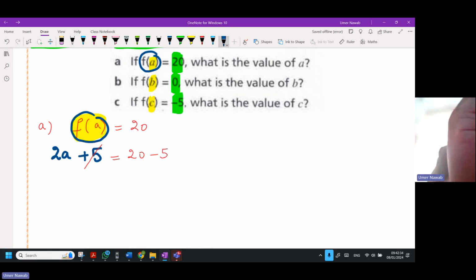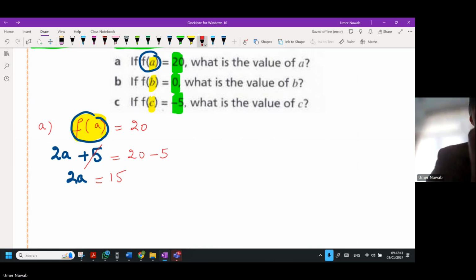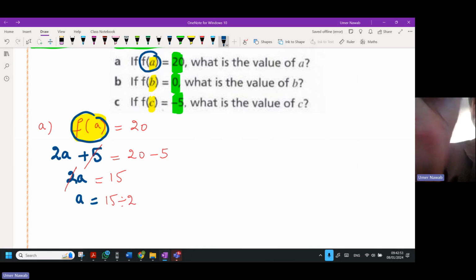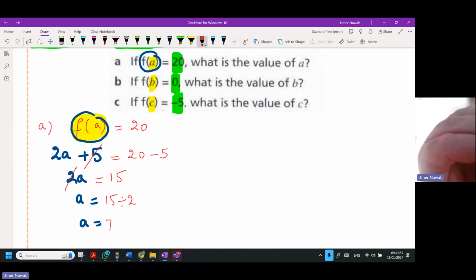So 2A equals 20 minus 5, which is 15. And A is equal to 15 over 2. Here 2 is multiplied; on the other side, when it goes, it is divided. So final answer is A is equal to 7.5.